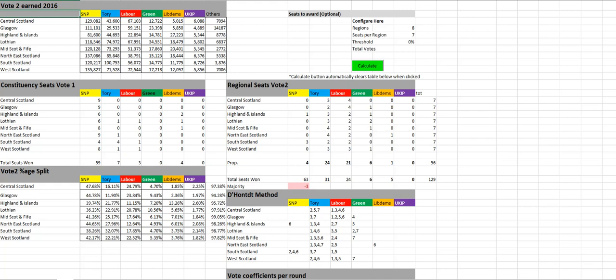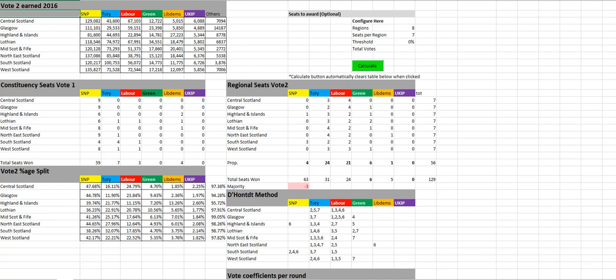The basis for me doing this is to address a lot of the conversation taking place at the moment on message boards on Facebook in regards to the Vote 1 and Vote 2 voting systems, and how the Vote 2 could possibly be manipulated or used in a strategic sense to gain more seats for a political party, but in essence this is primarily focused on the SNP gaining more seats for the 2021 election.